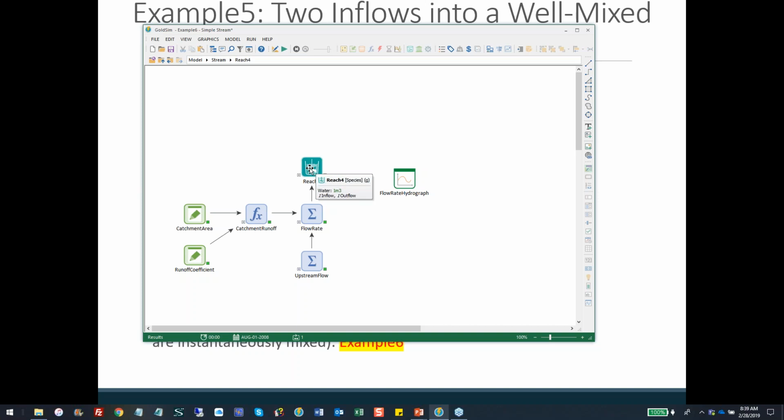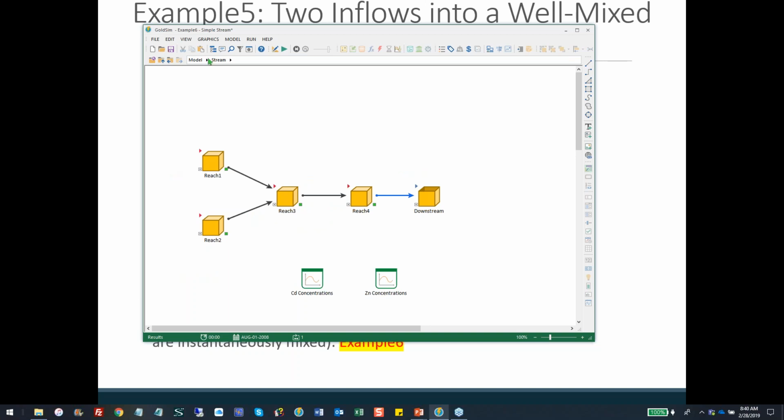We're going to measure it at this point in space. This is the mixed concentration at this point, after we've done mixing of clean water, of runoff. What is the concentration at this point? So this is how you would set up a stream model if you really cared about looking at the concentrations moving through this system.